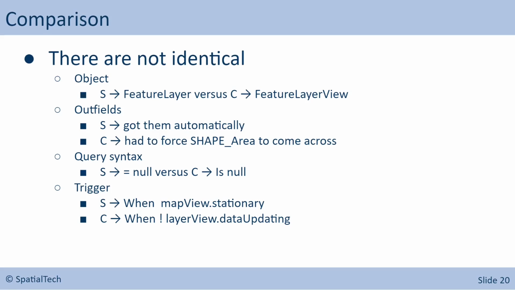So when the layer view is requesting new features that were out of scope but now are, and I've already applied symbology, basically I'm done, I'm not updating anymore. Then it was okay for us to query on the client side. So this is definitely close, but there are some little gotchas here that can burn a lot of time.